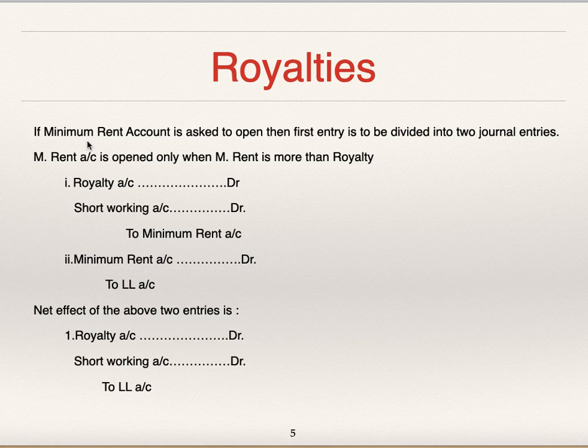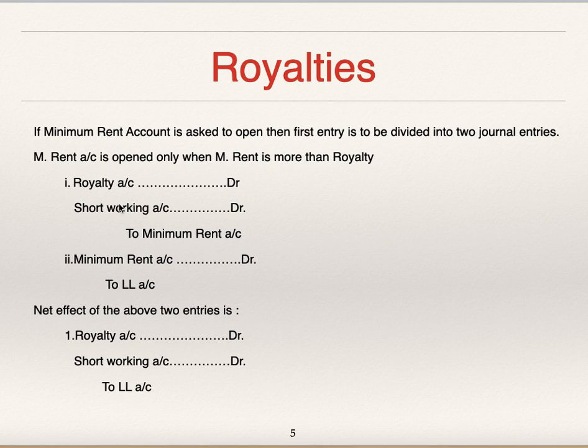Sometimes minimum rent account is asked to open in the examination. In that case, the first entry is split into two journal entries. First journal entry, which is royalty account debit, short working account debit to landlord, gets divided into two journal entries.